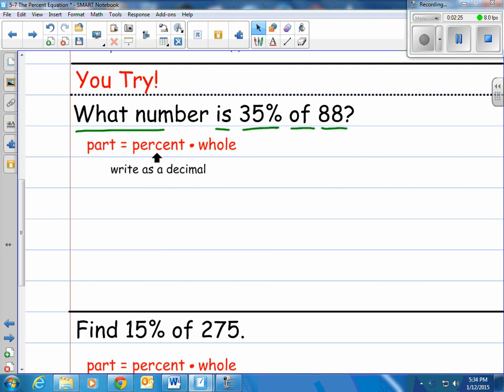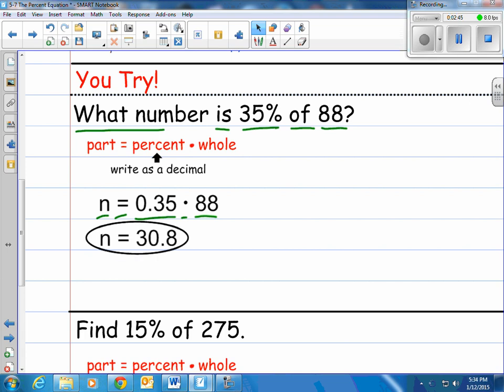What number is our unknown, is is our equal sign, 35% is 0.35, of is multiplication here in math, and then 88. So we literally translate those word for word, number for number. Of course, we multiply the two numbers together, 0.35 times 88, and we get 30.8, 30 and 8 tenths.